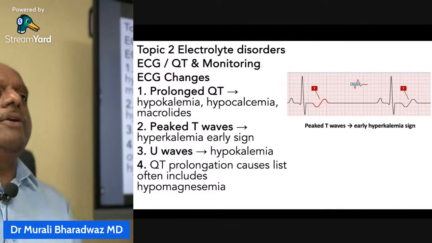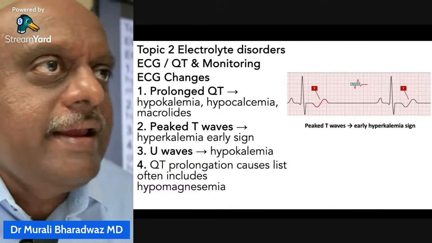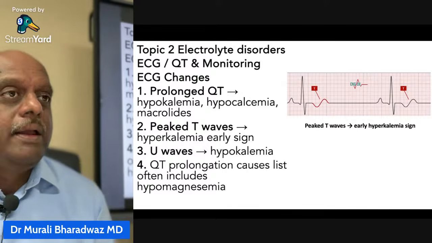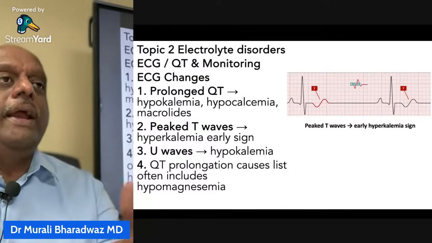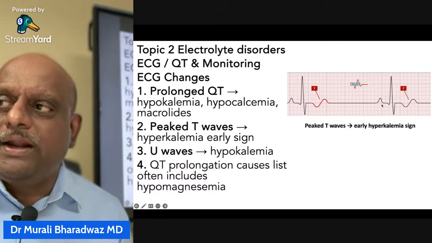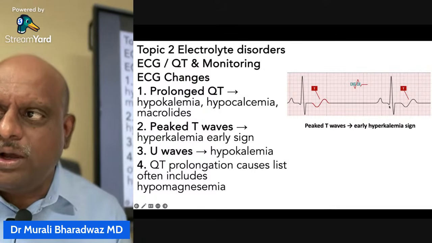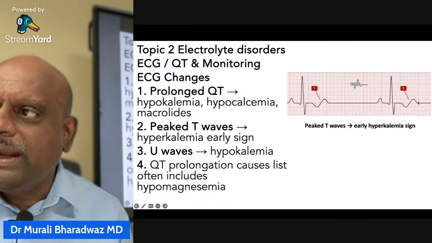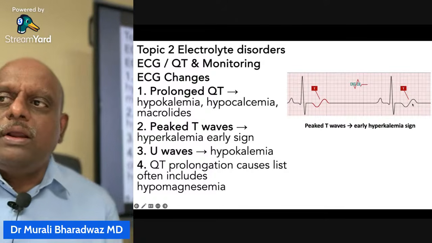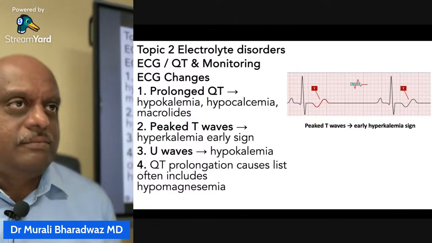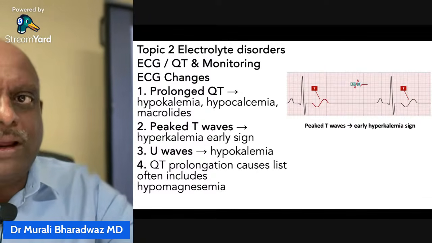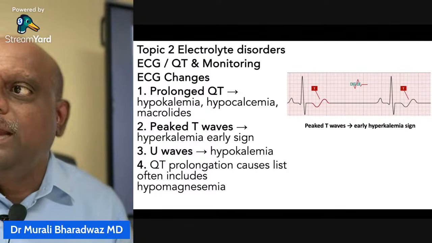Then another favorite question of the examiner, doctor, what are the ECG changes? Prolongation of the QT interval. This is the ECG you should remember. Prolongation of QT interval. That means from the start of the QRS complex to the end of the T wave, QT interval. Prolongation of the QT interval is the feature of three things: hypokalemia, hypercalcemia, macrolides.